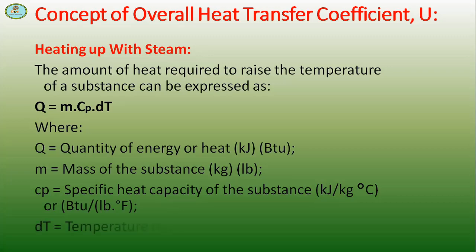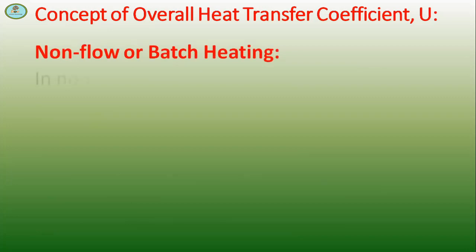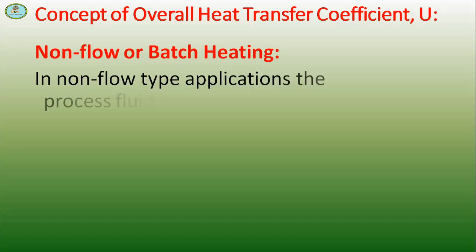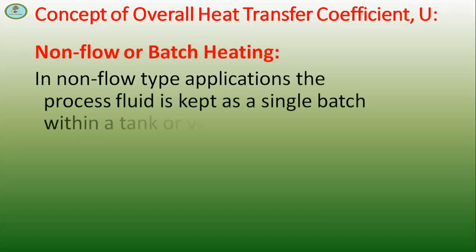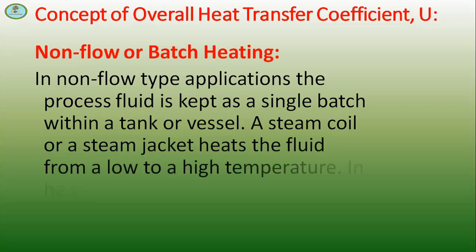Delta T is temperature rise of the substance in degree Celsius or degree Fahrenheit. Non-flow or batch heating. In non-flow type applications, the process liquid is kept as a single batch within a tank or vessel. A steam coil or steam jacket heats the fluid from a low to a high temperature.